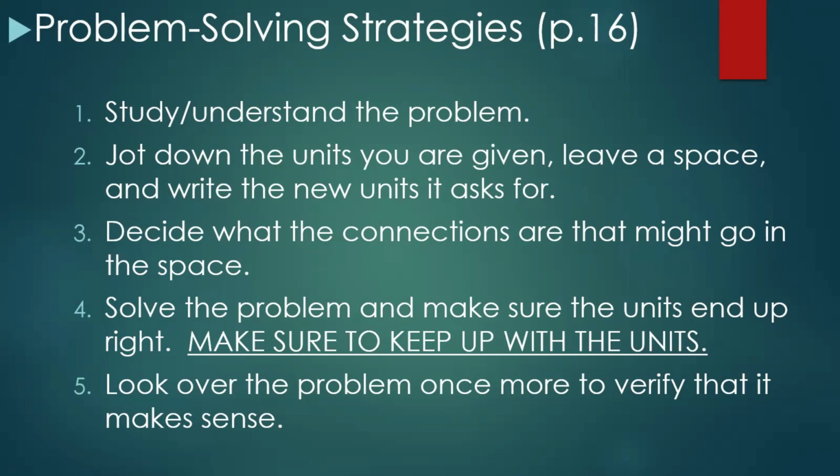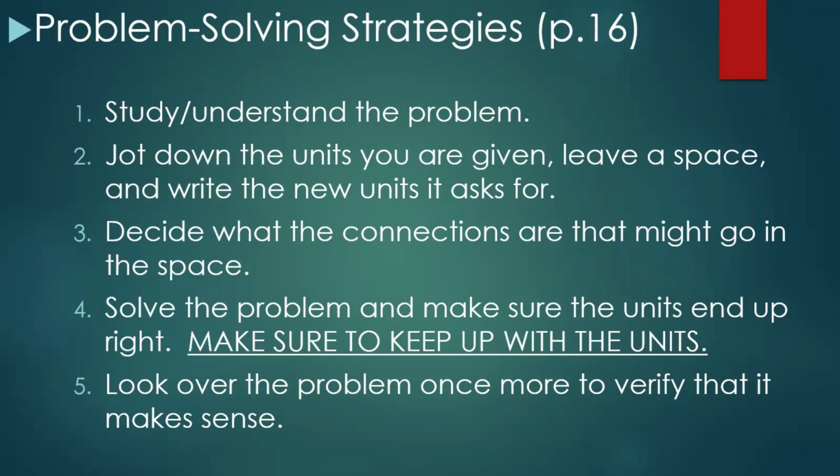Then number four, solve your problem. So arrange all the conversion factors in the middle that you think would help you, and see if you can cross out all the units and come up with only the units that you need on the right.